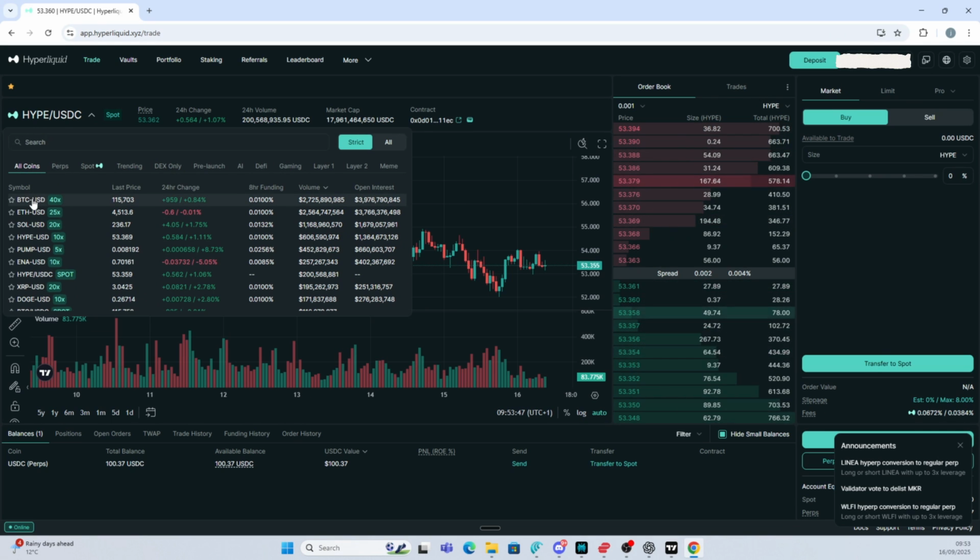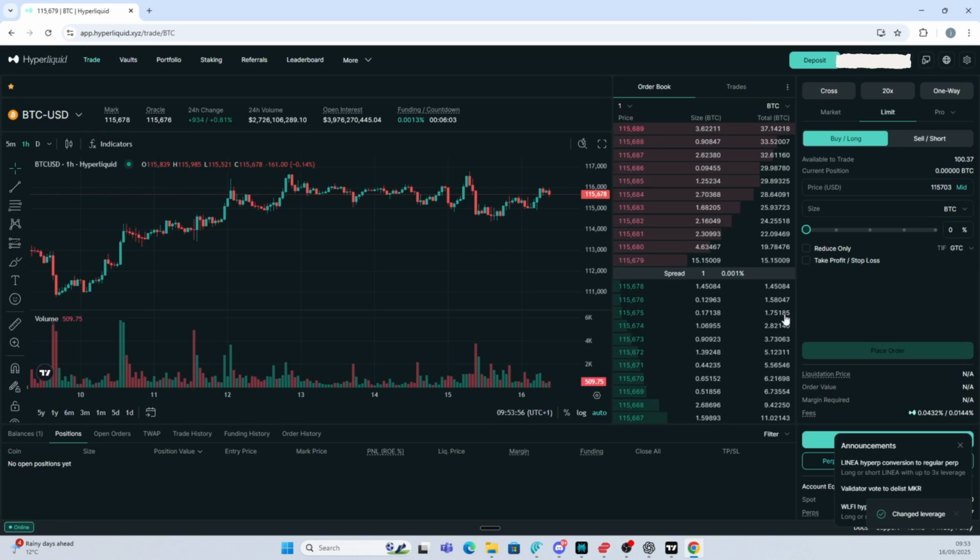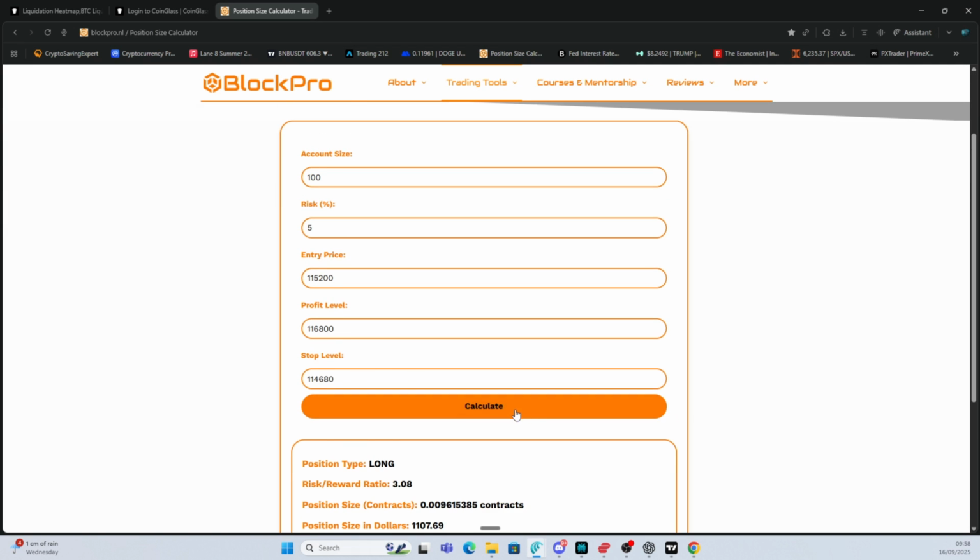So we will type in Bitcoin. We will adjust our leverage to 18x. We will type in our price, which we will go for the upper region. We will type in our stop loss, 114,680, and our take profit, 116,800.